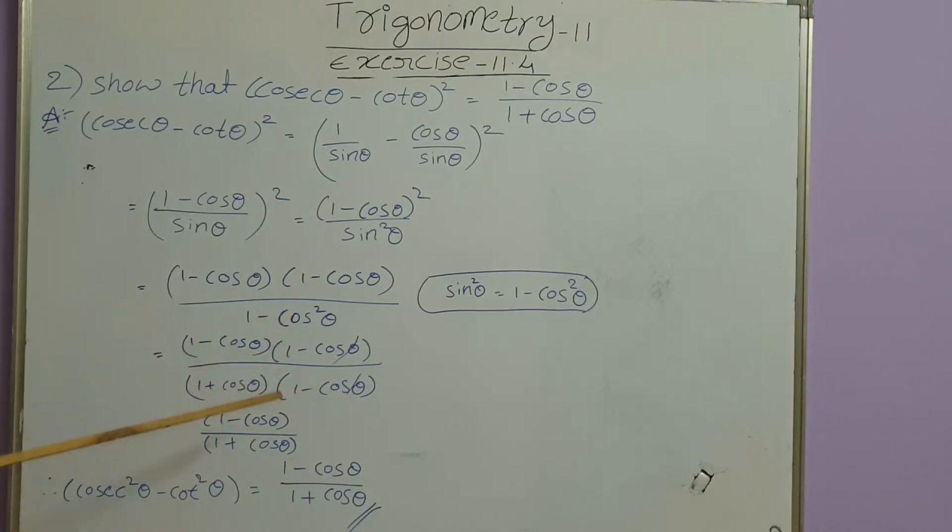This numerator and denominator are same, so cancel. We have (1 minus cos theta) by (1 plus cos theta). So it is proved. Cosec theta minus cot theta whole square is equal to (1 minus cos theta) by (1 plus cos theta).